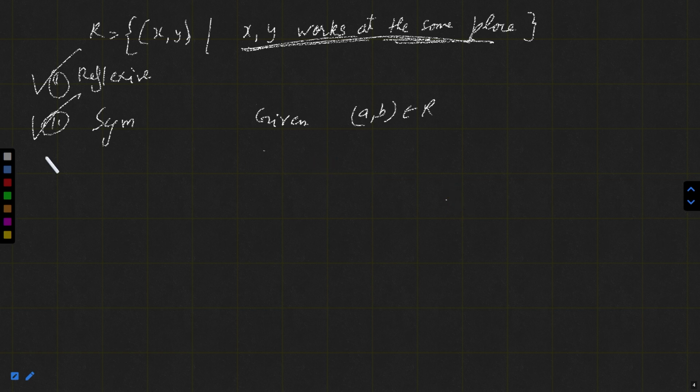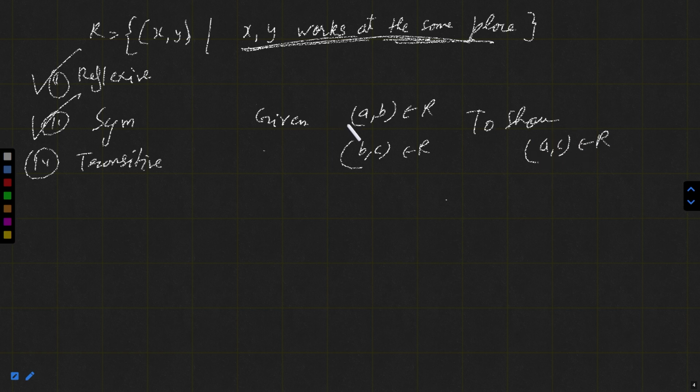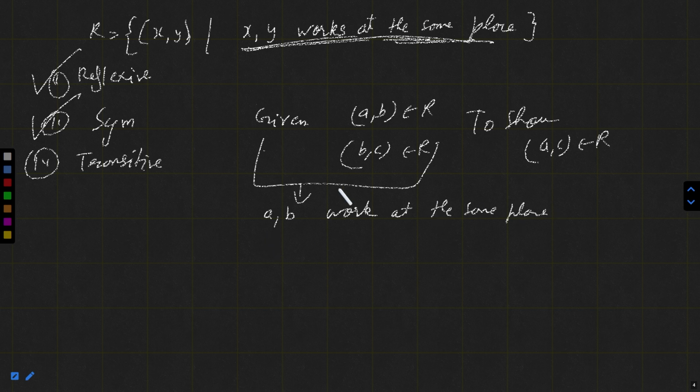In transitivity, we are given (a, b) belongs to R and (b, c) belongs to R, to show (a, c) belongs to R. From this given information, a and b work at the same place, and b and c work at the same place.